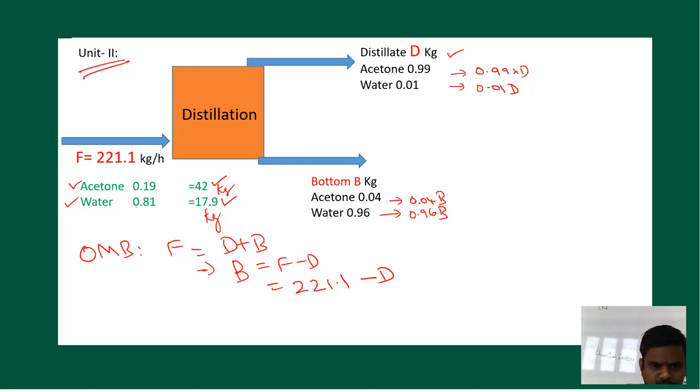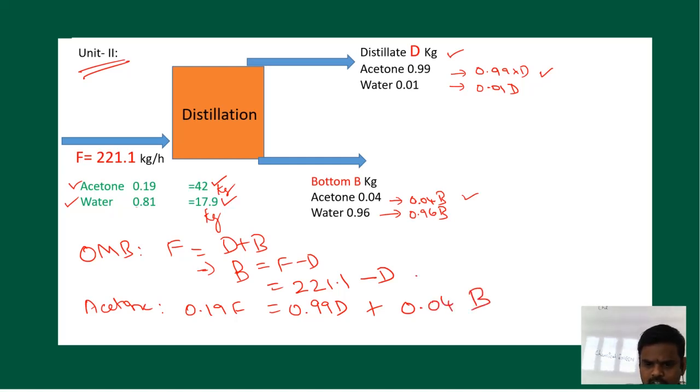Then if you write the material balance for acetone, can you write the material balance for acetone? So what is that? Acetone material balance is 0.19 into F equal to 0.99 into D plus, here the acetone is 0.04 into B. But what is B here?